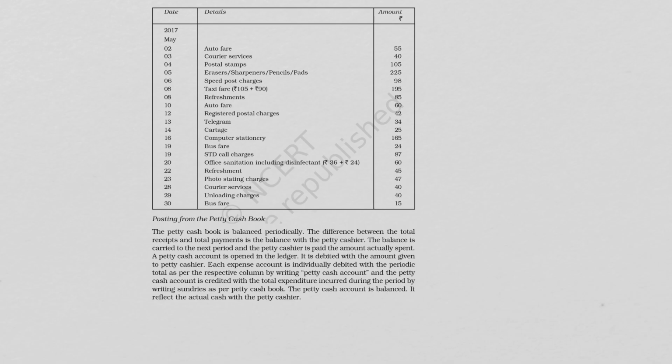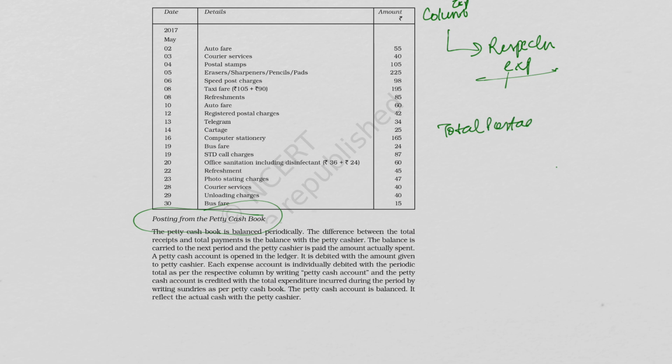Basically, the total of each expense column is posted to the respective expense account in the ledger. For example, we have total postage of rupees 1200. When we make the postage account, we know postage is an expense. Whenever an expense increases, it is debited.